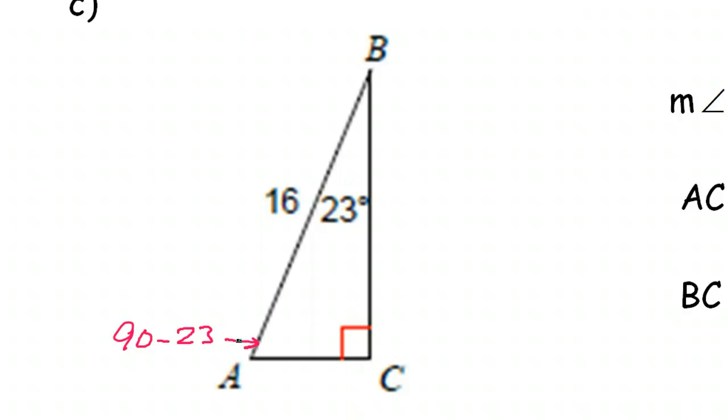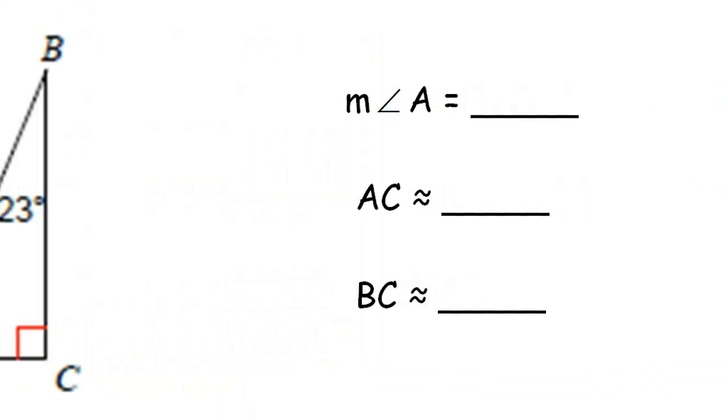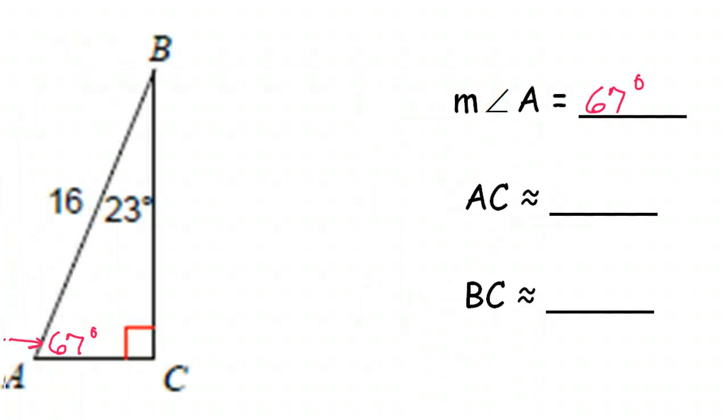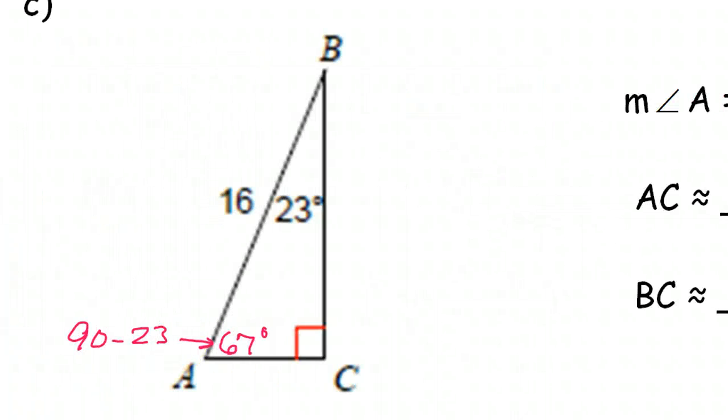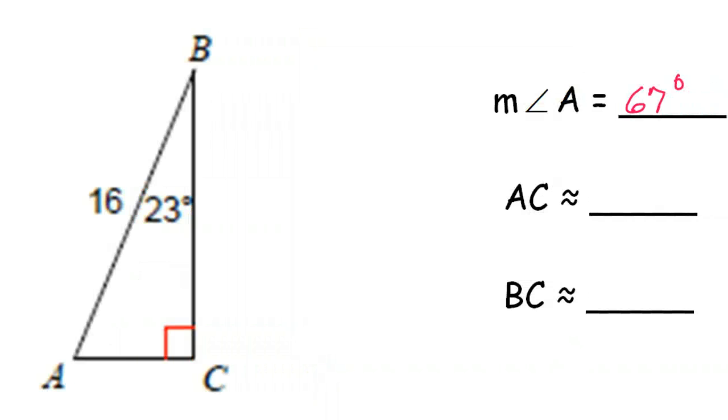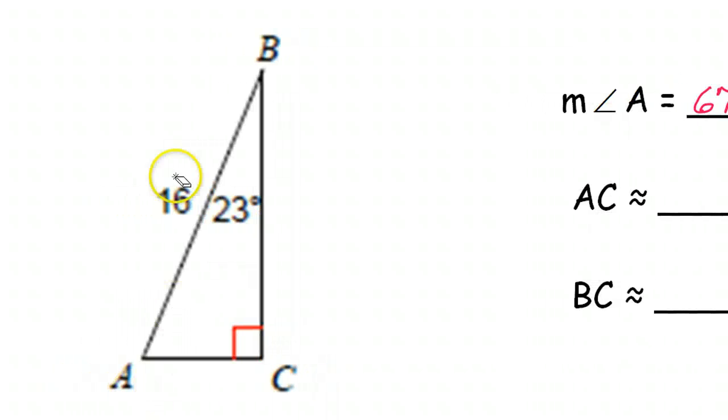That's going to be 67, so angle A is 67 degrees. Now, I'm not actually going to use that for anything. For anything I need to find, I'm just going to stick to using the 23, just in case I made a mistake somehow. So if I want to find AC, I'm going to put a variable on that.